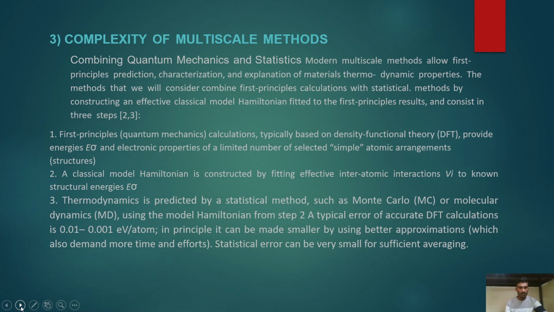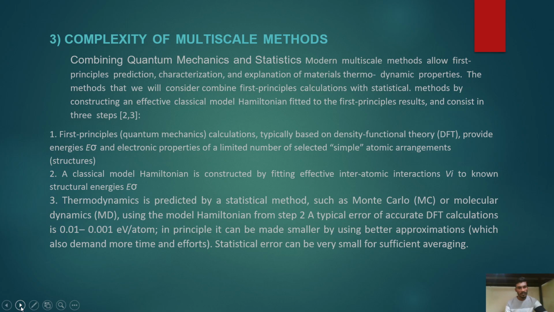There are three steps. First, principles quantum mechanics calculation, typically based on density functional theory, provides energies and electronic properties in a limited number of selected sample atomic arrangement structures.